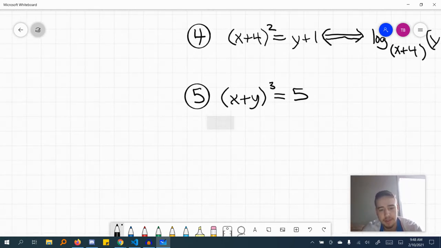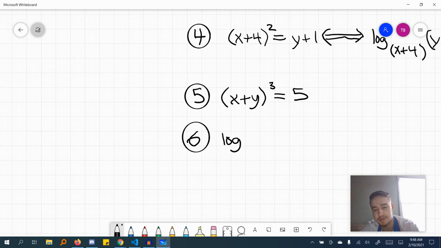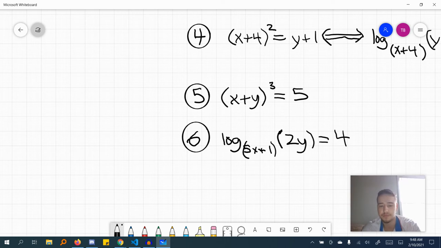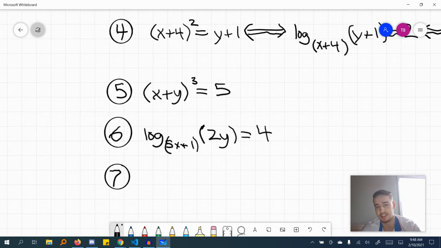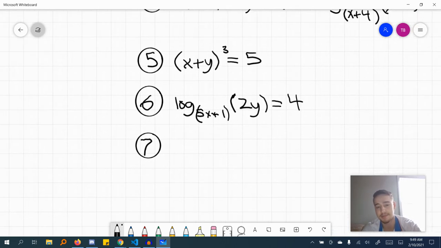How about number 6? Log base 5x + 1 of 2y equals 4. And then 7 is going to be, oh, also I want you to translate that into an exponent and a radical expression.